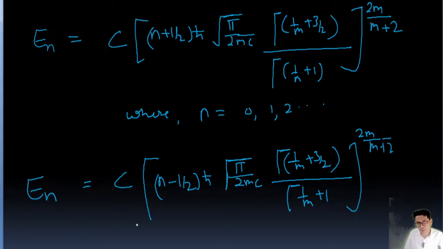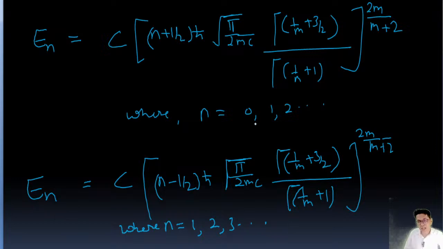Very important: here n starts with 1, 2, 3. If n starts with 1, 2, 3, then this En value is c into (n minus half) h cut, and everything else is the same.